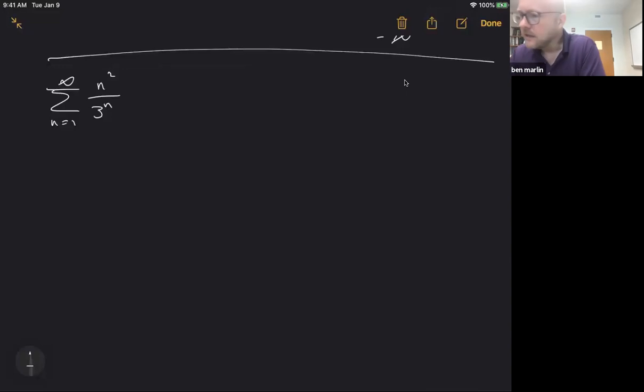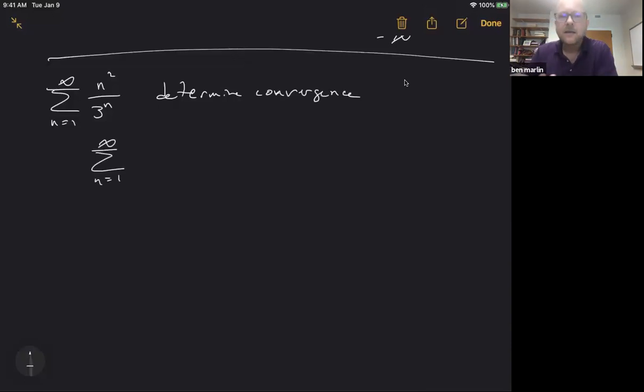So if you're asked on this one to determine convergence, then you want to compare it to something that is like the divide by 3 to the n.